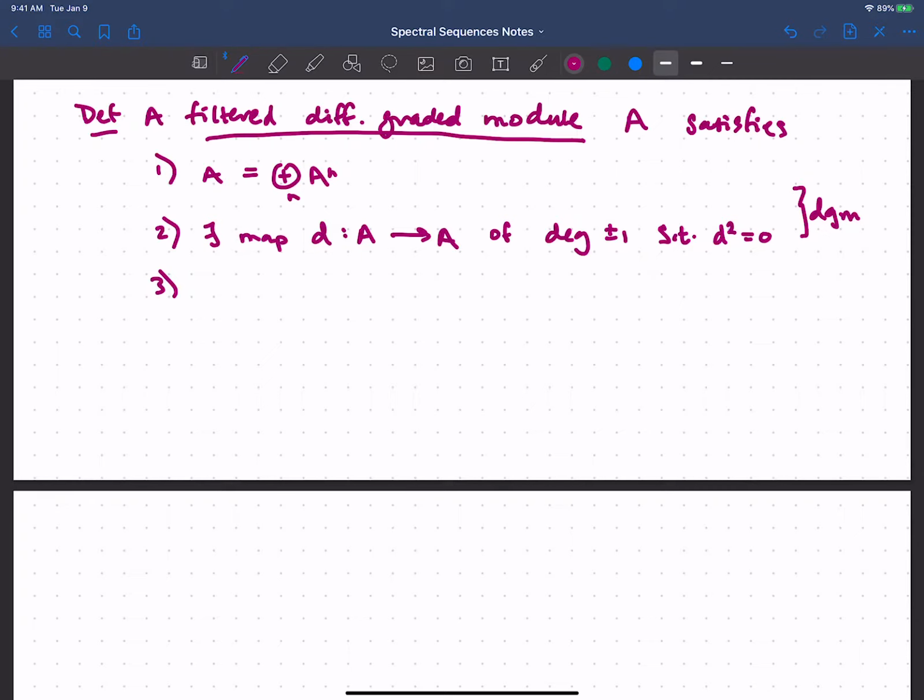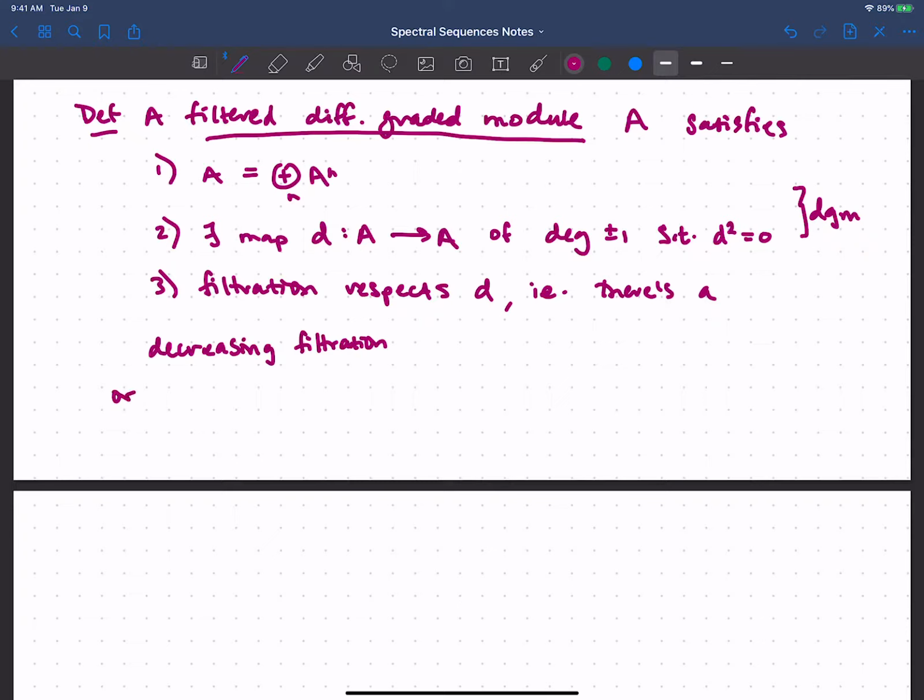And then the filtered part is that we should have a filtration. And we just want it to be a nice filtration, so it respects our differential. That is, and I'm going to spell this out a little bit more precisely, though you can probably imagine what I mean. So there are two different kinds of filtrations, really, again, just depending on our indexing choices, but it's common in this world to use a decreasing filtration sometimes, or an increasing filtration.